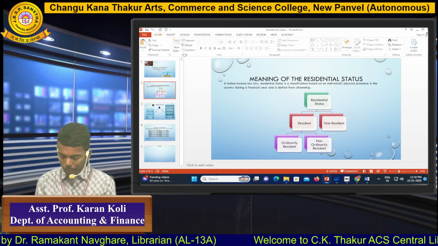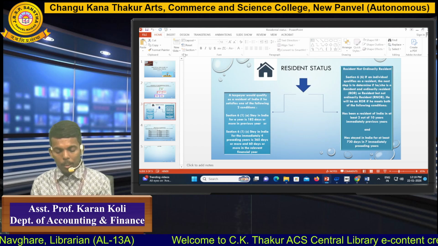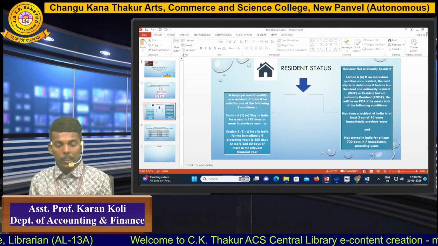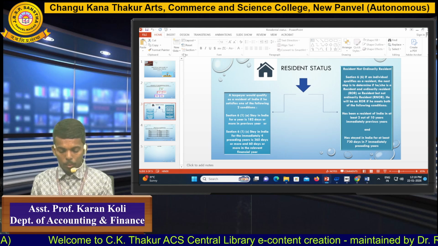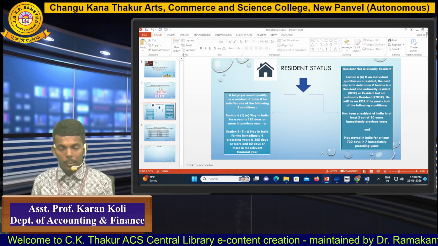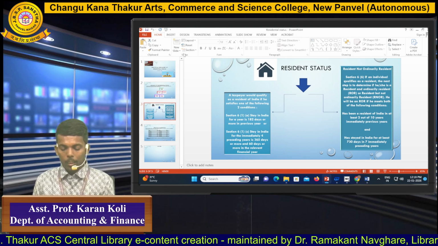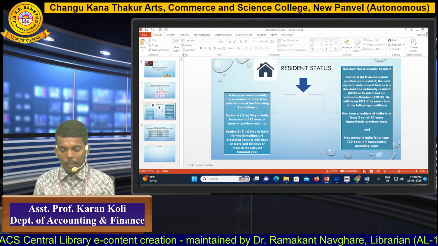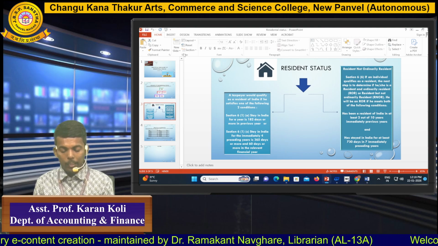Today we will mainly focus on determining whether a person is resident or non-resident, and also ordinarily resident or not ordinarily resident. For the determination of residential status of an individual, there are two basic conditions given by the Income Tax Act 1961. An individual is said to be resident in India if any one of the following conditions is satisfied.